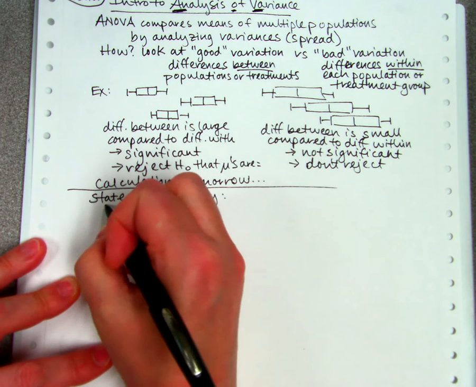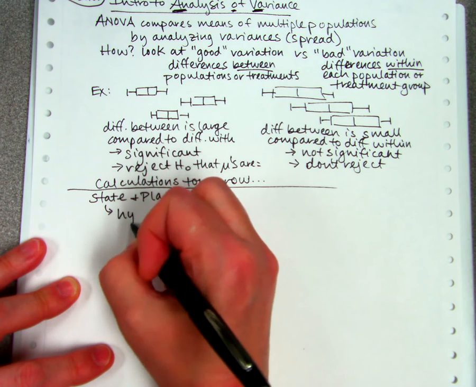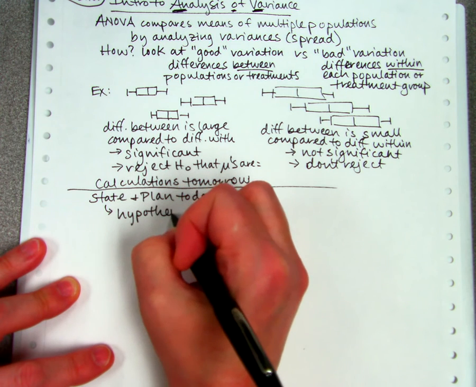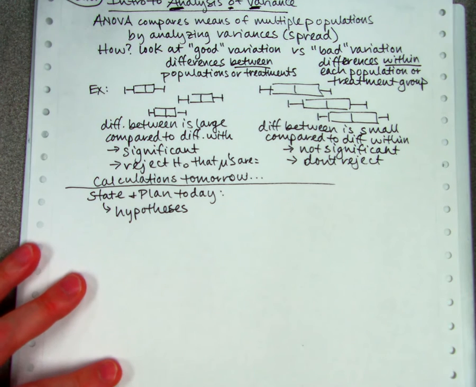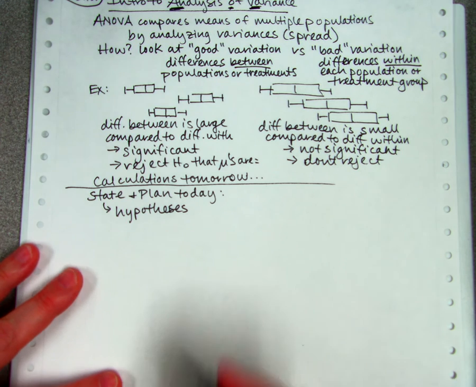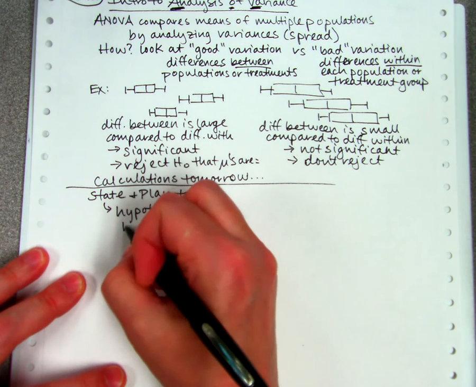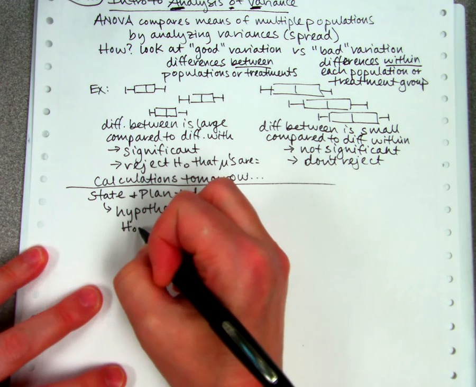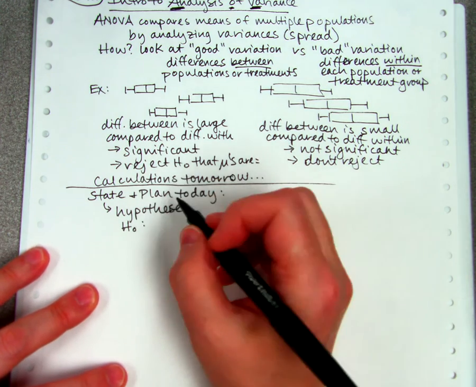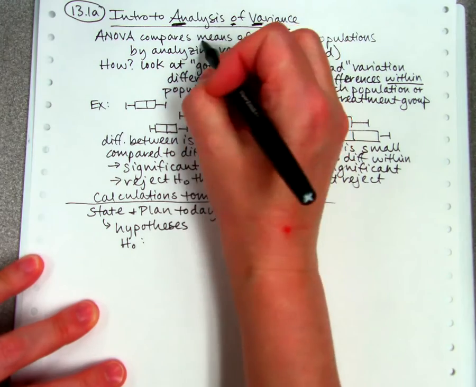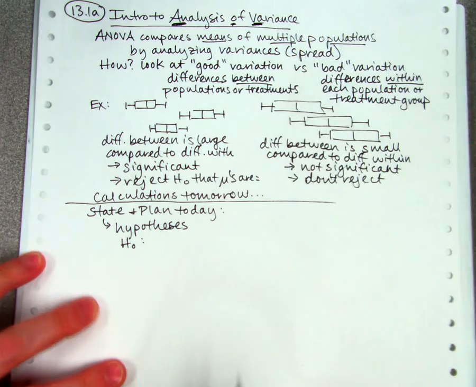So state would be the hypotheses. How do you write hypotheses when you have multiple populations? Well, you've already seen that with chi-squared if you had multiple populations, except that was proportions. So remember, we talked about with chi-squared, you could do p1 equals p2 equals p3, but mostly we write in words instead. Here, we're going to do mu1, because we're saying that means of populations. Remember, means of multiple populations is our goal here.